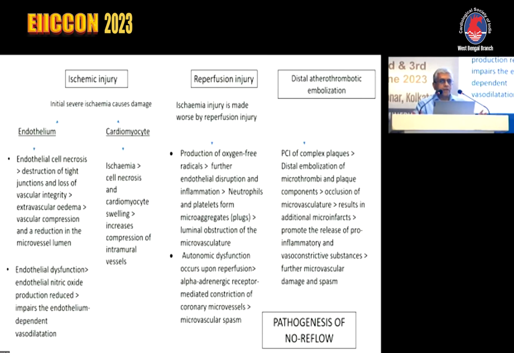Now, ischemia to cardiomyocytes results in cell necrosis and cardiomyocyte swelling. This again may compress the intramural vessels. Now, ischemia is followed by reperfusion, and this reperfusion injury actually worsens what has already been done by the ischemic injury.